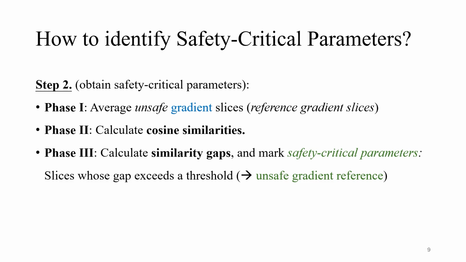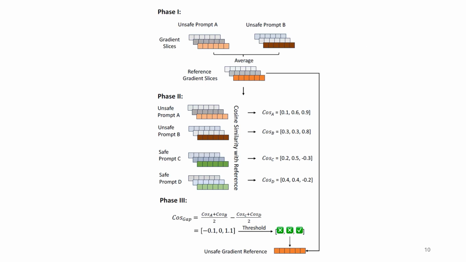Finally, for all slices, average safe cosine similarities and unsafe cosine similarities respectively, and calculate the gaps between them. Slices whose gap exceeds a threshold are called safety-critical parameters, and the corresponding slices from the reference gradient slices are called unsafe gradient references. Here is an illustration of step 2. Note that the gap threshold is set to 1 in this example.